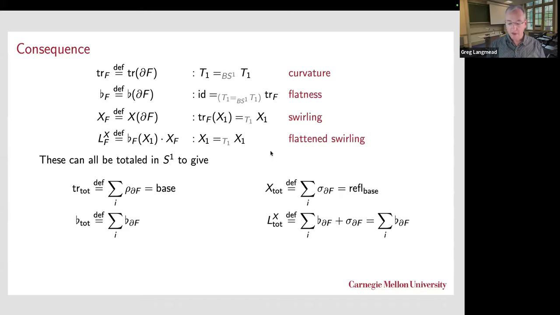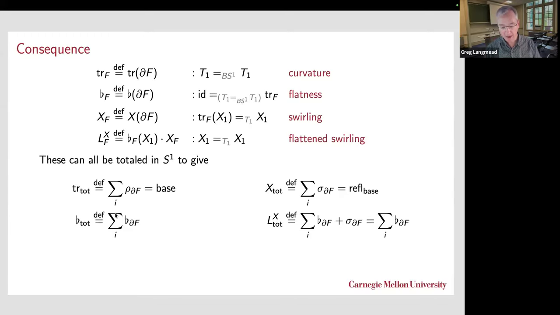All right, we got the swirling. We just said that the total swirling, the sum of all the sigmas, is Ruffle, and the flattened swirling was always the concatenation of flatness with swirling. So the total is the sum, these two items added together. All of the swirling cancels, and we're left with just another copy of the total flatness.